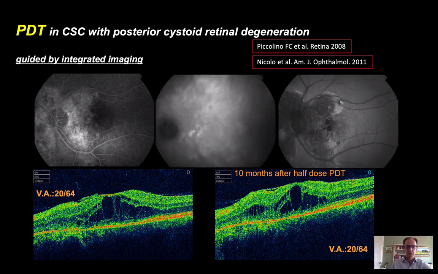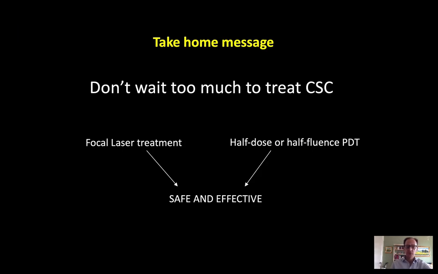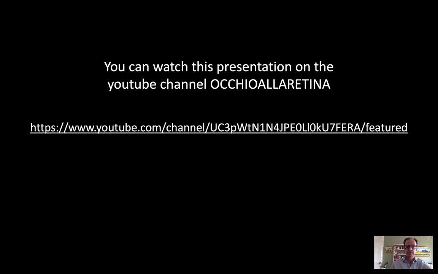So pay attention to this case and try to avoid arriving at this case. For this reason, my take-home message is: don't wait too much to treat CSC. Focal laser treatment or half-dose or half-fluence photodynamic therapy are safe and effective. So thank you very much for your attention.